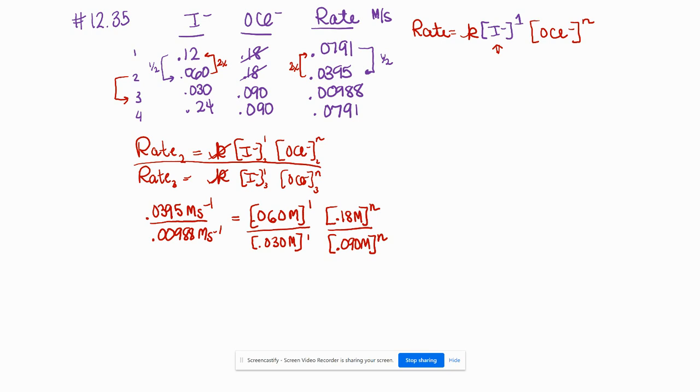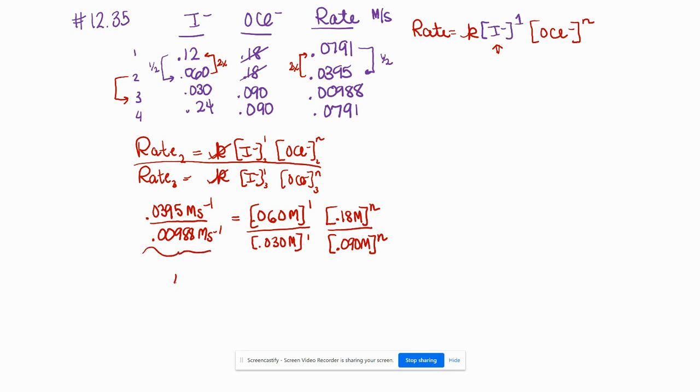Okay, so take a minute and think about what we're looking at here. I think in this case, it's really going to help us to simplify some of these numbers. So 0.0395 divided by 0.00988 is 4.